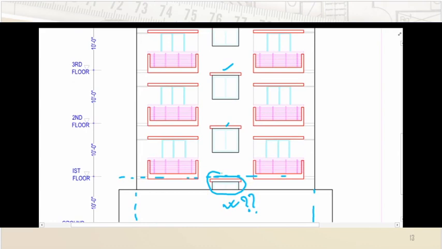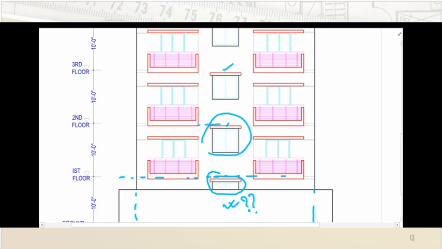and that is something unusual compared to other openings like windows or doors of the building. All the openings, windows, doors will be at the same height, up to 7 feet from the ground. But what about this?